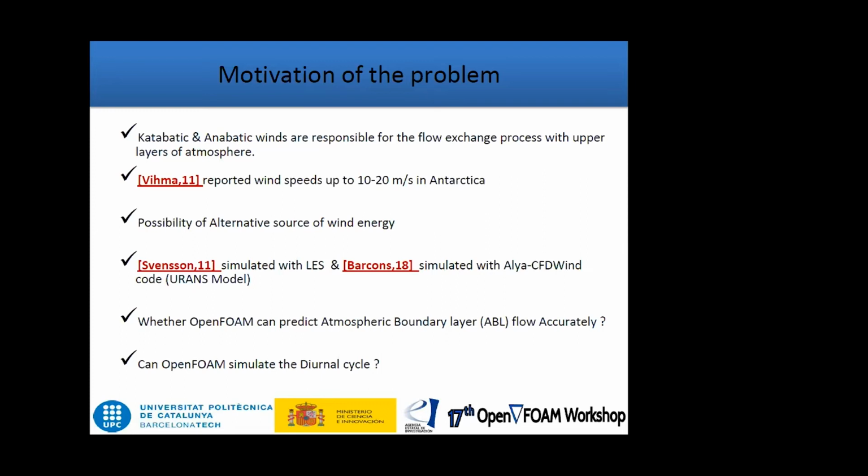Research has reported wind speeds of 10 to 20 meters per second in the Antarctica region, from katabatic studies. There is a possibility of placing wind turbines or other alternate sources of wind energy in these regions, so we can get an additional wind resource if the synoptic wind conditions are not good.